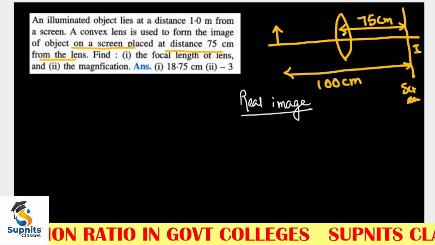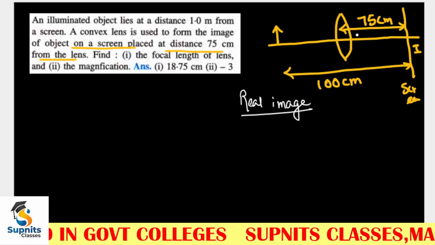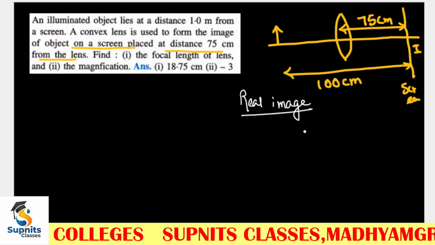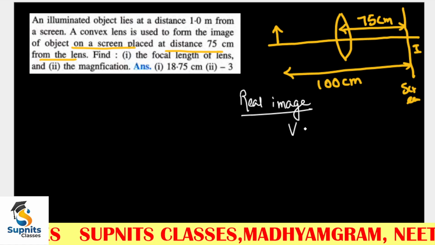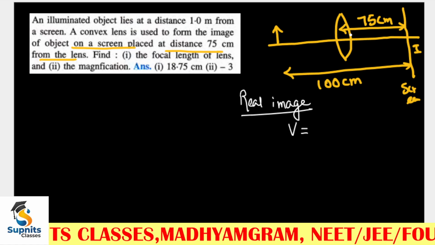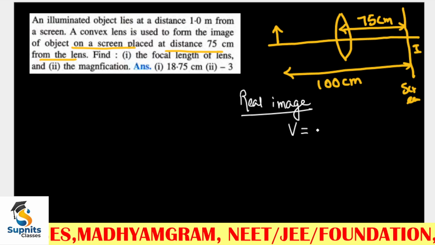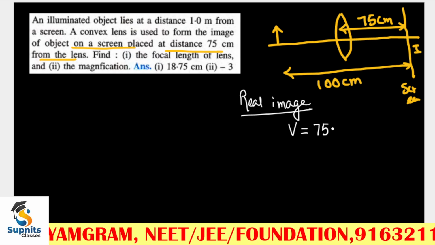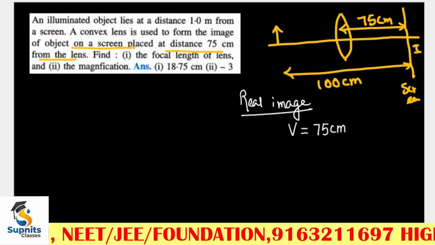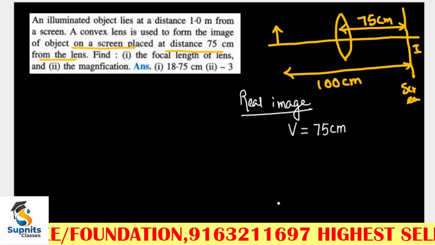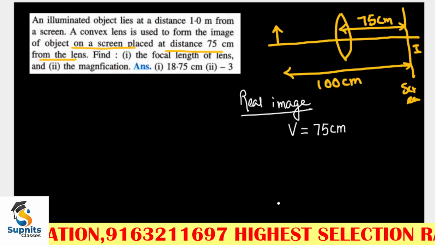So now you see, from the lens to the image, the distance is 75 centimeter. I can easily say that the image distance is 75 centimeter on the right side of the lens. So plus 75 centimeter.